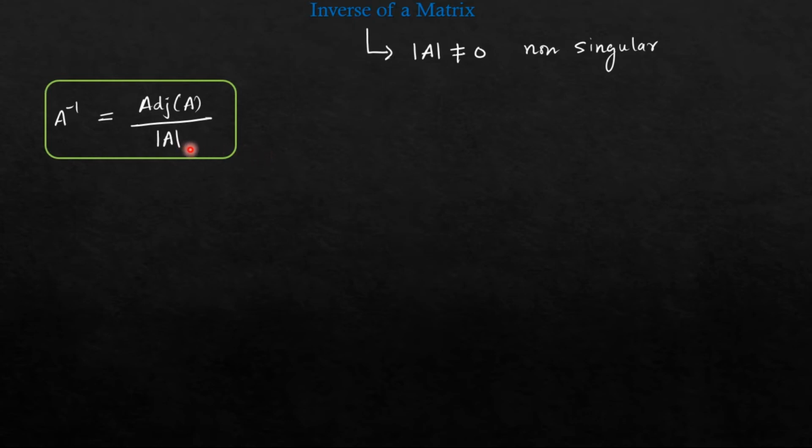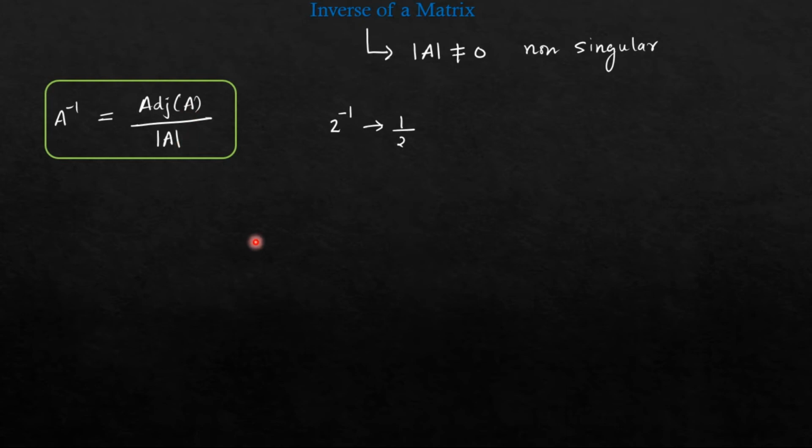If mod A is 0, then A inverse will go to infinity, which is not acceptable. And we have already discussed how to calculate adjoint of A. That is how we express A inverse. In scalar, we know that 2 inverse is equal to 1 by 2. But here in the matrix, we need to calculate the inverse by an entirely different method, by taking the ratio of adjoint to the determinant.